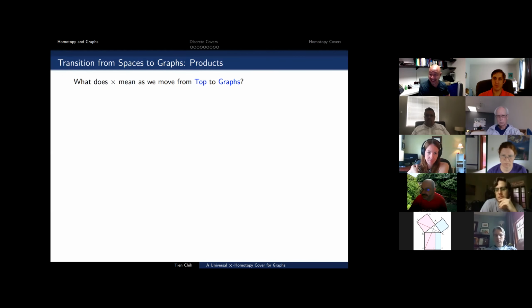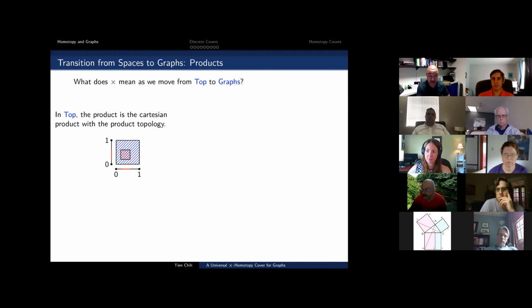But the one we care about, again, because we're working categorically, is the tensor categorical product. So in topology, if you have two spaces, the product is the Cartesian product of points with these projection maps, so that an open set here shoots down to these open intervals here.